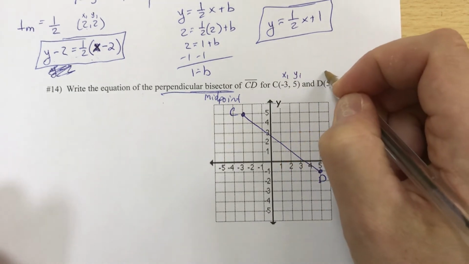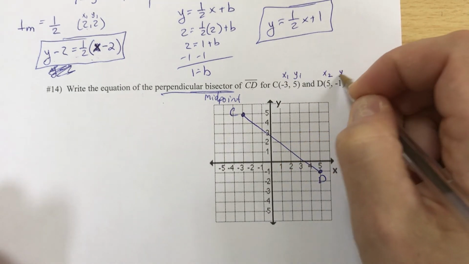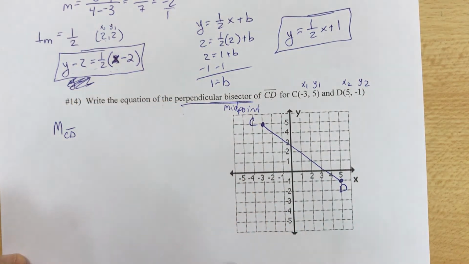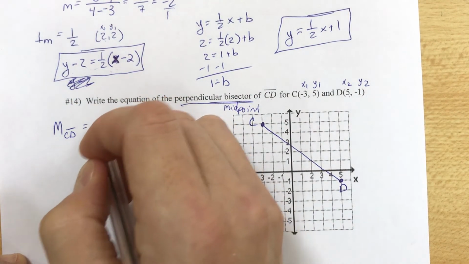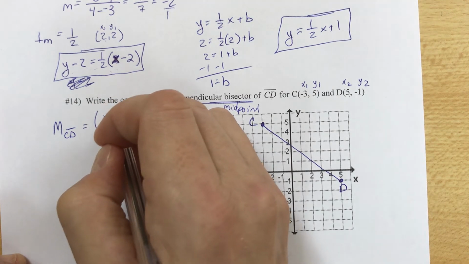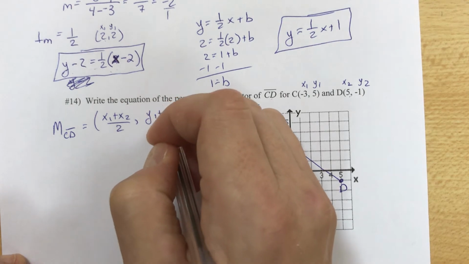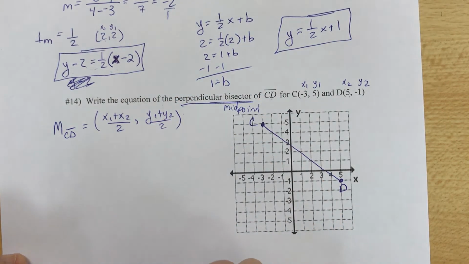x1, y1, x2, y2. Now remember the midpoint: you add the x's and divide by 2, comma, you add the y's and divide by 2.